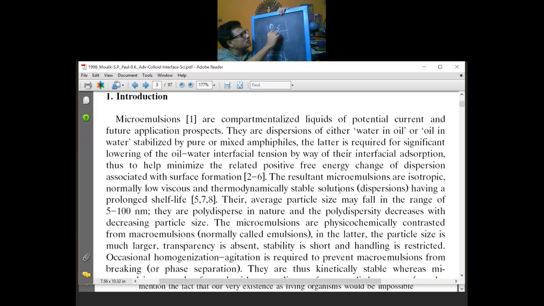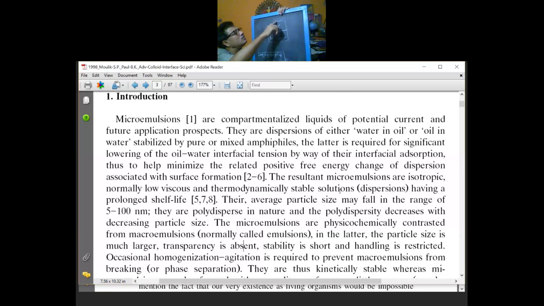So what would be happening? The surfactant molecules will stay in oil, and some of them will be partitioned in water. But when the surfactant monomers are in water, the hydrocarbon moiety will feel a hydrophobic repulsion.